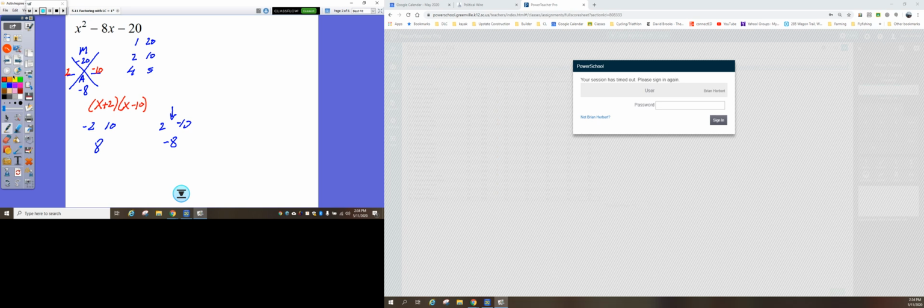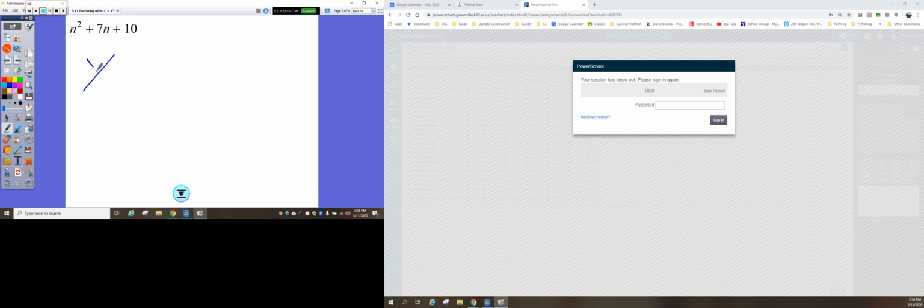Again, here the organizer, we're looking for two numbers that when I multiply them, they give me 10. When I add them, they give me 7. Multiples of 10: 1 and 10, 2 and 5. Pretty easy. Which one's going to give me a 7? Well, 2 and 5.